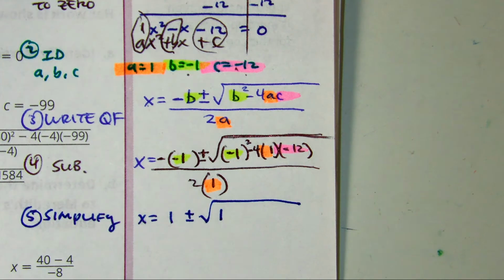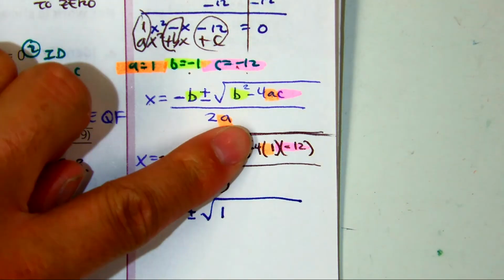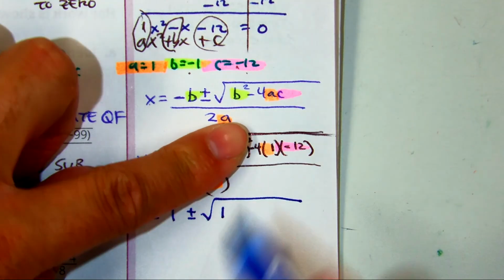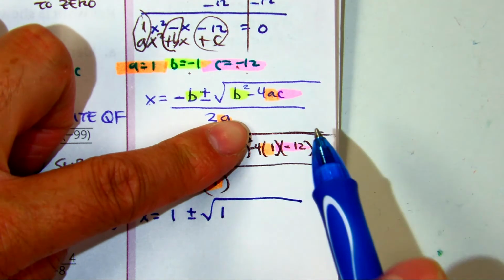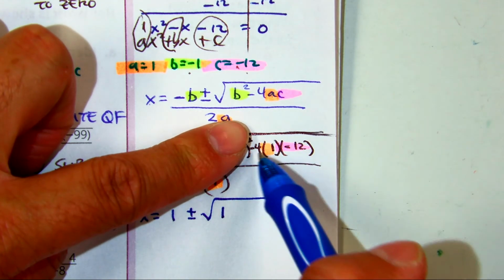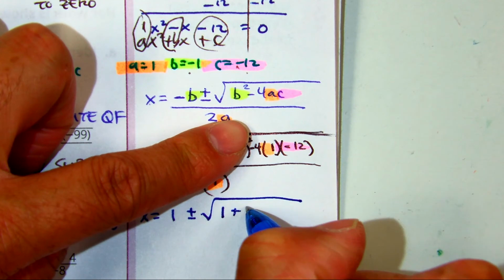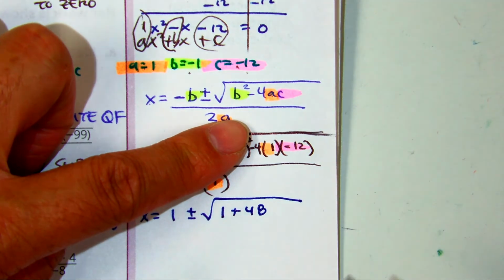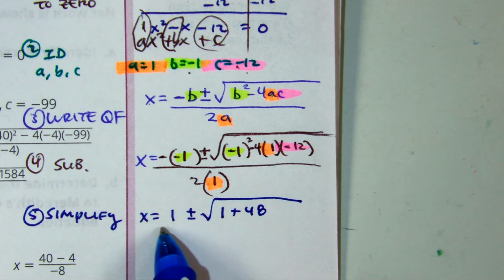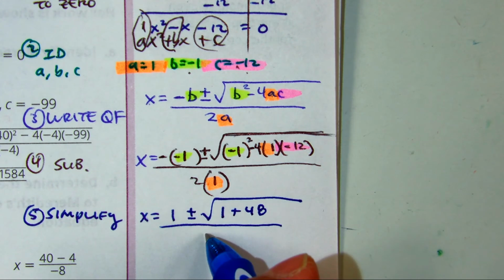And look what I'm going to do for this next step. I'm going to use my finger, and I'm going to cover everything up, and I'm going to do negative 4 times 1, which is negative 4, and negative 4 times negative 12 is positive 48. If you get stuck, use your calculator. And then class, 2 times 1 is 2.